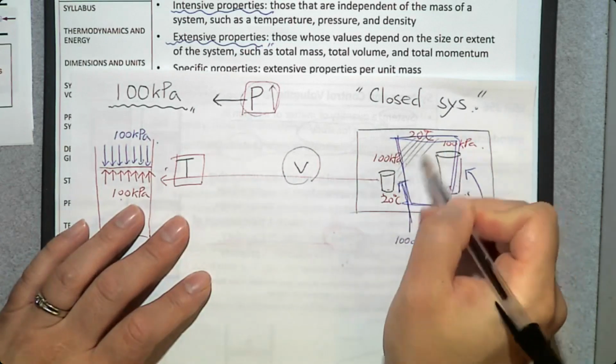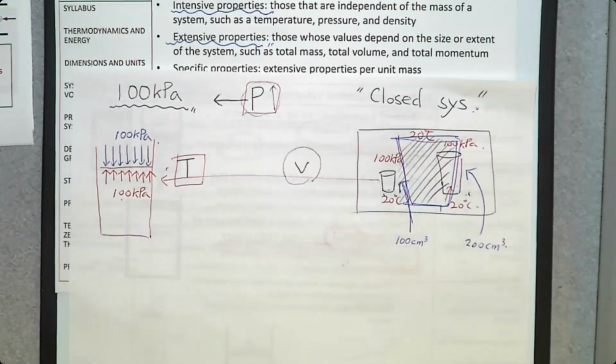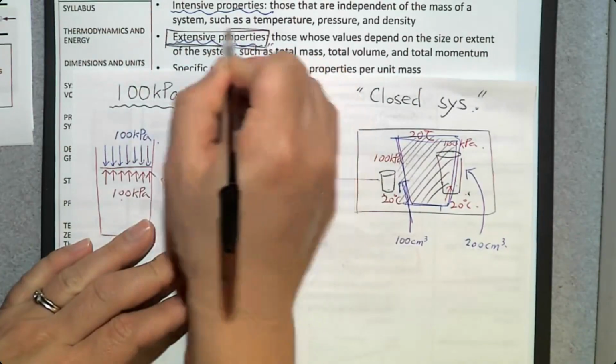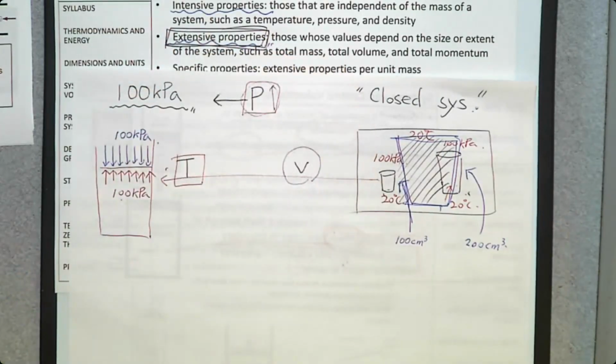So the properties that affect the results based on the amount are called extensive properties, those whose values depend on the size or extent of the system. So when you do a thermodynamic analysis, you don't want to use any extensive properties, because the outcome of that analysis is going to change depending on the size of the system, right?